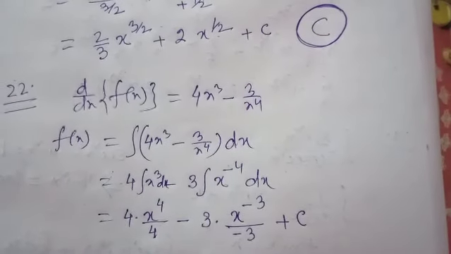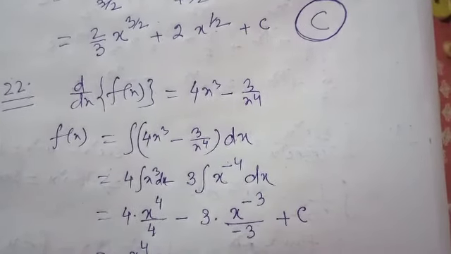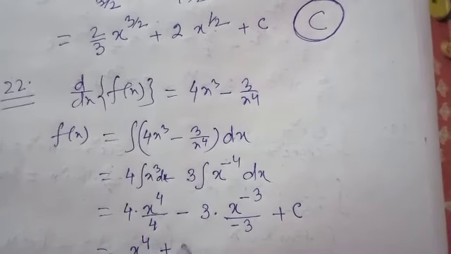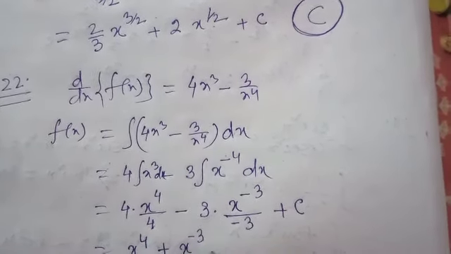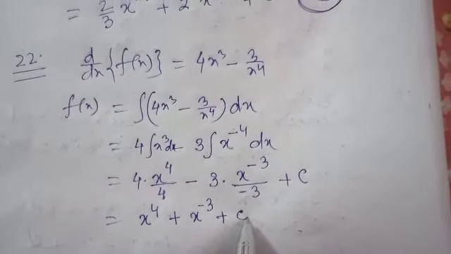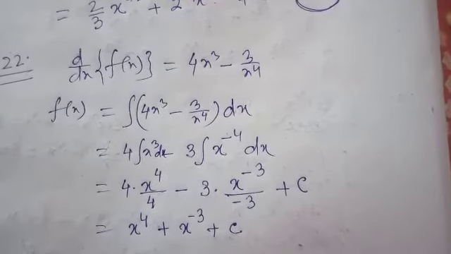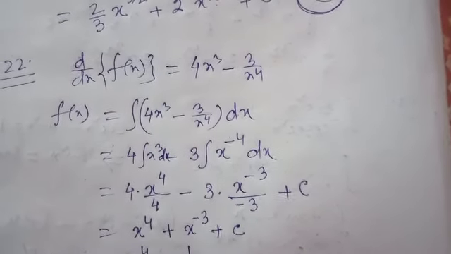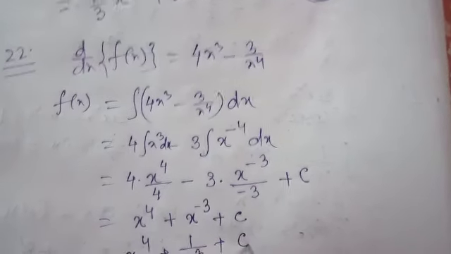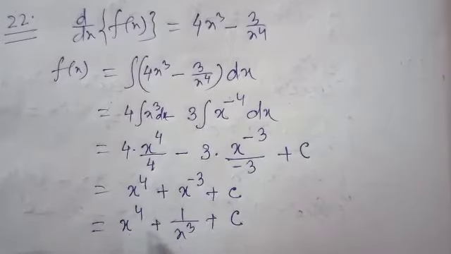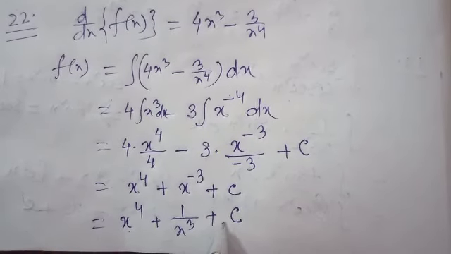So here 4 cancels out, x to the power 4, 3 cancels out, and minus into minus is plus, x to the power minus 3 plus c. So you can write it as x to the power 4 plus 1 by x cube plus c. This is the value.